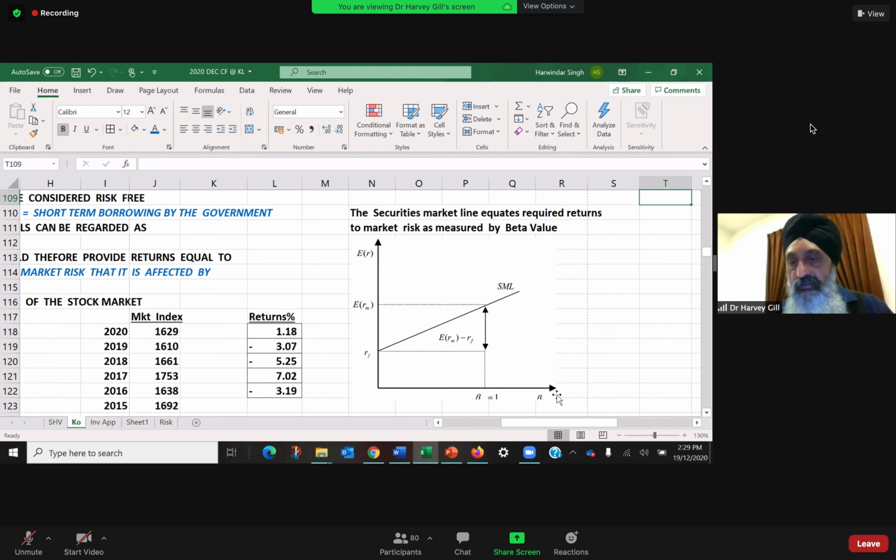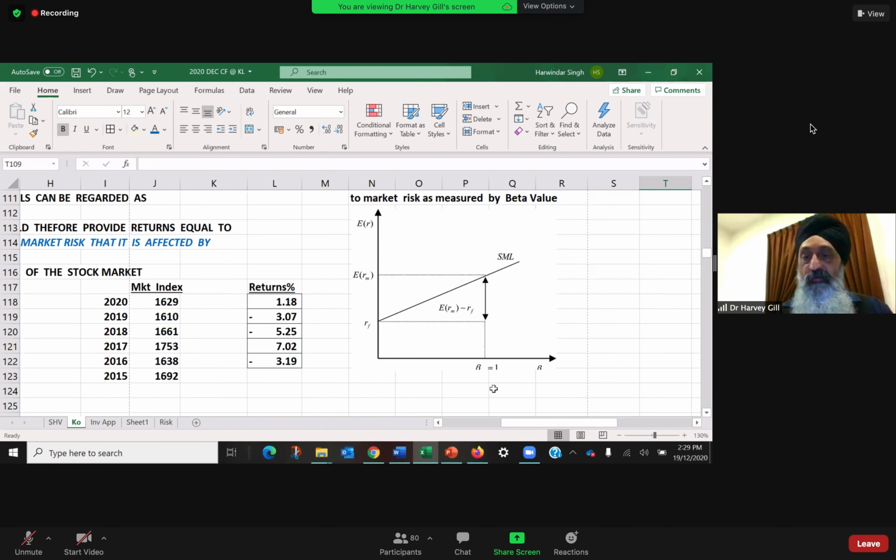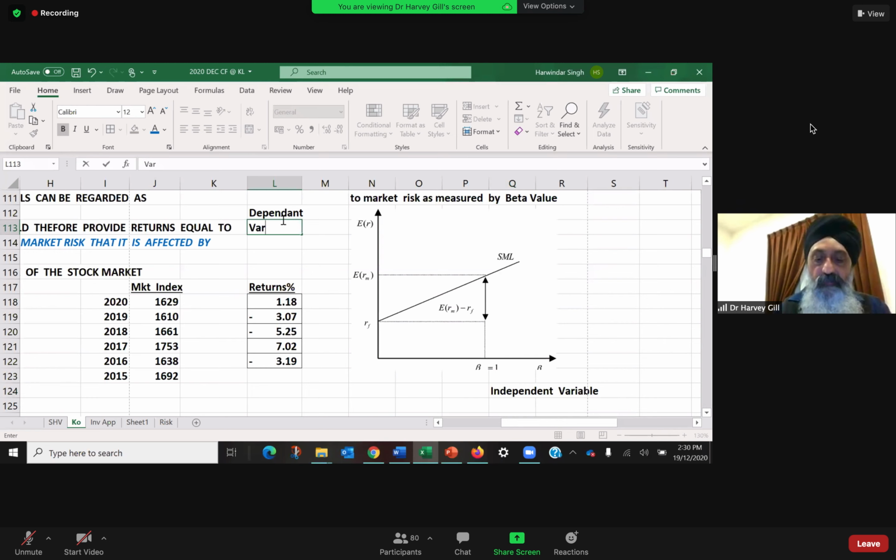You see, this graph shows you what we call the independent variable. That's your beta value, or independent axis, if you like. Yeah, so this is the independent variable, and the returns are the dependent variable because they depend on the relationship, the risk relationship.